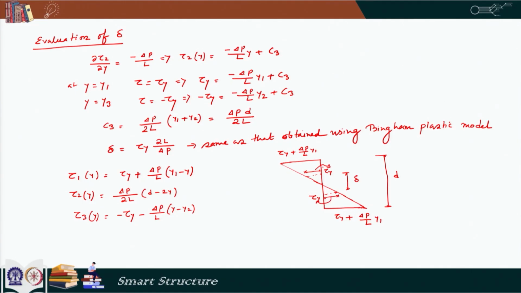Next, our goal is to find out the effective damping, and for that again we apply the same procedure. Our procedure is that we find out the total flow and then we equate that total flow to a flow which we would have obtained if I would have assumed a uniform flow throughout, and by equating that we get the equivalent uniform flow, and from that equivalent uniform flow we can find out the damping coefficient.